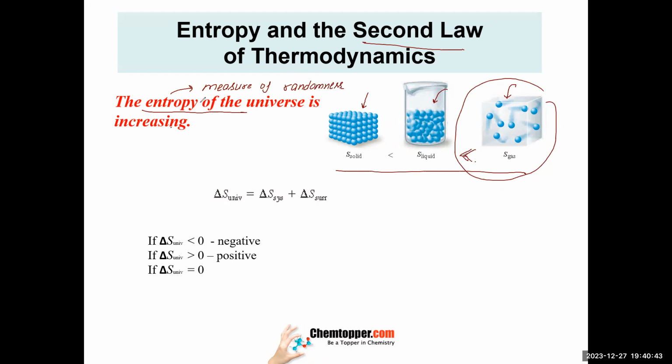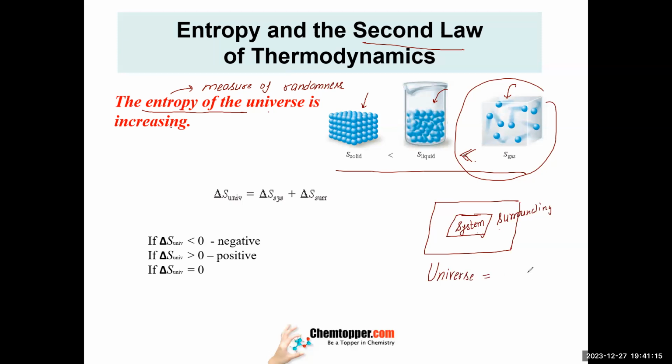So entropy of the universe, you already know that the universe can be divided into two parts. One part is system, this we have done in unit 6. Other part is surroundings. System and surroundings. Yes, Sammy, very good. System plus surroundings is universe.